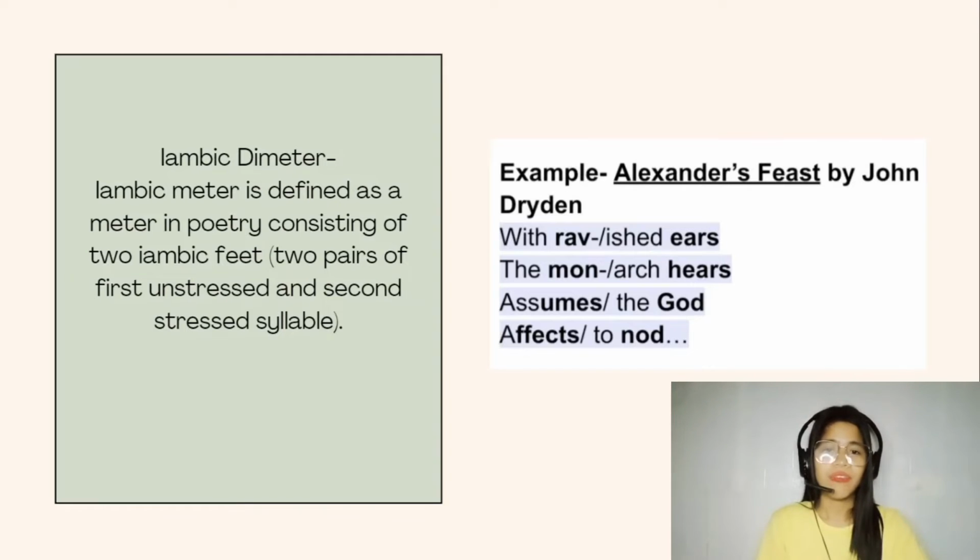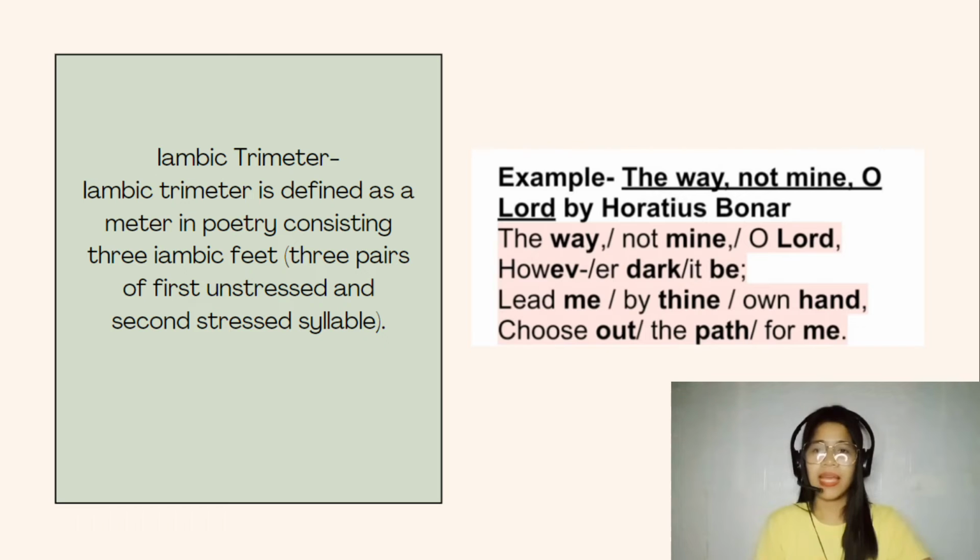With ravished ears, the monarch hears, assumes the god, affects to nod. Clearly, in one line, we only have 2 iambic feet. It's called iambic dimeter. That's very simple. So let's go to the next one, which is iambic trimeter. What is iambic trimeter?